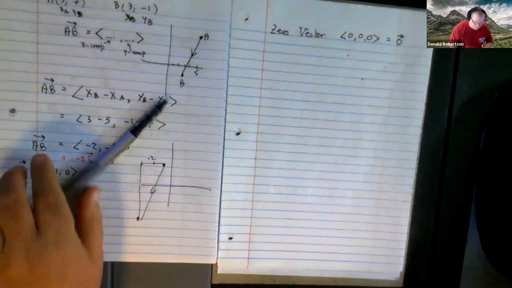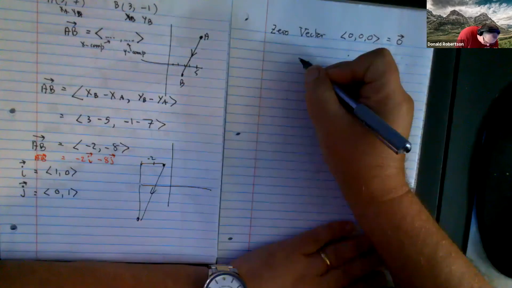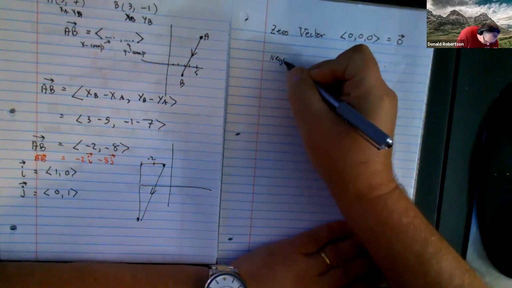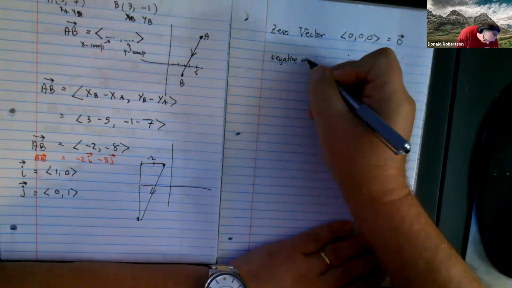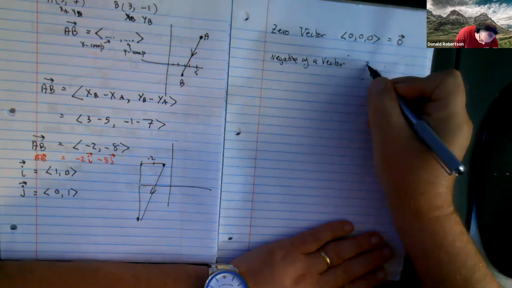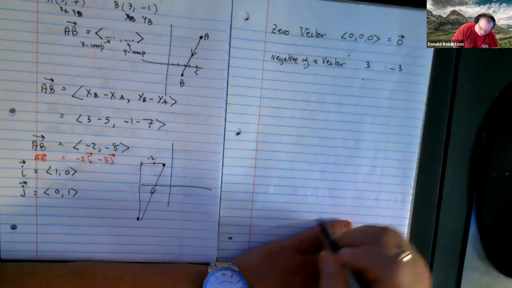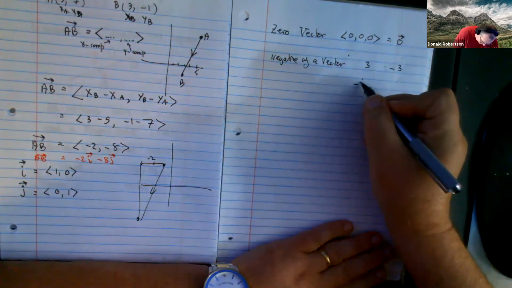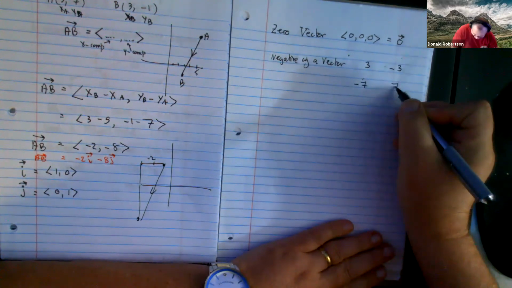If you look at a vector, let's look at what's called the negative of a vector. Right, if you've got a number 3, would you agree its negative is negative 3? And if you've got a number that's already negative, isn't its negative positive 7?